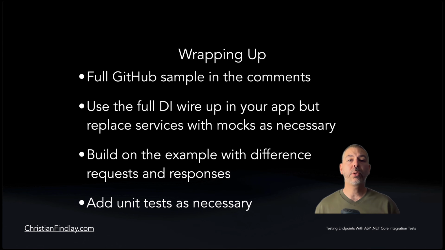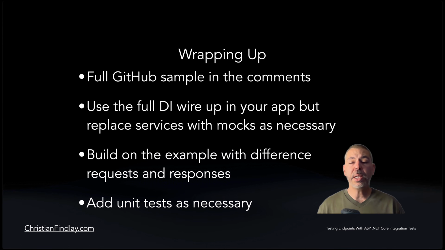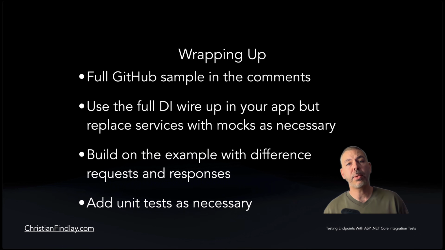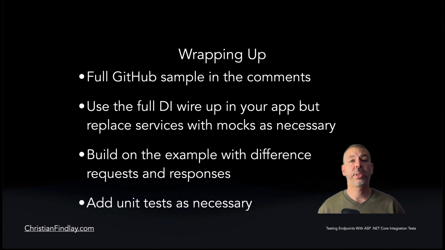You only want to replace strategic services with mocks when that's necessary. And as I mentioned, you could have a flag in your test. You could have two different test cases, or turn them into a different set of tests so that you can run some with the mocks and some without the mocks. As you could see from the example, you could use a real data service. It's fine. By default, it's going to use that.